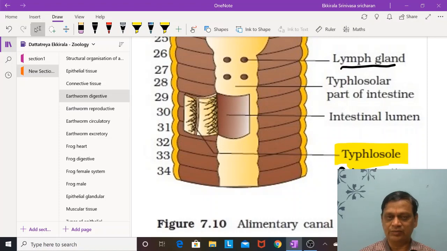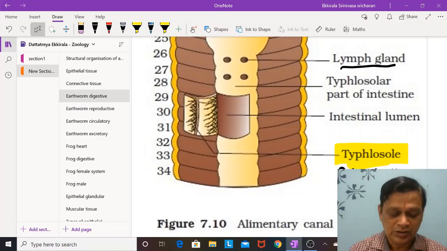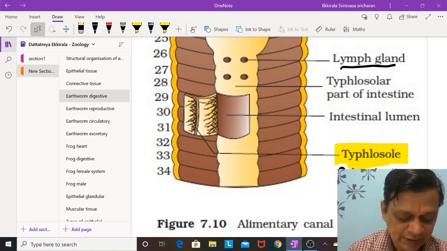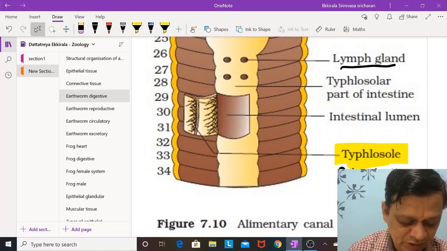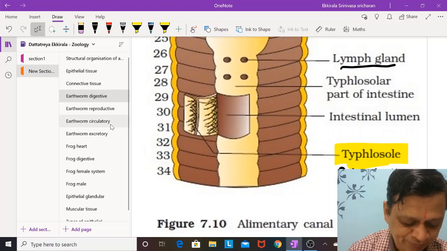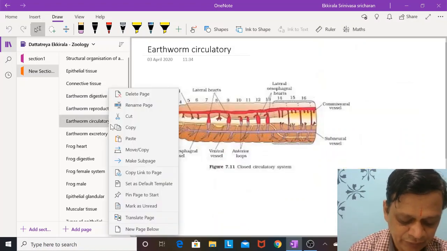In this diagram the entire part is not shown, but remember, in the old NCERT book there is a wrong position of segments given, that 26 to 33 or 34, that is wrong. The 26th to around, if there are 100 segments, the last 25 have to be excluded, that is post-typhlozoal. So like this, the earthworm's digestion, the alimentary canal is straight, complete, and muscular.